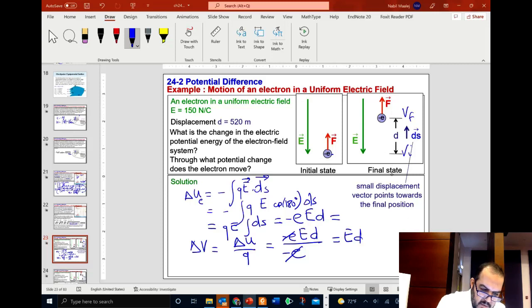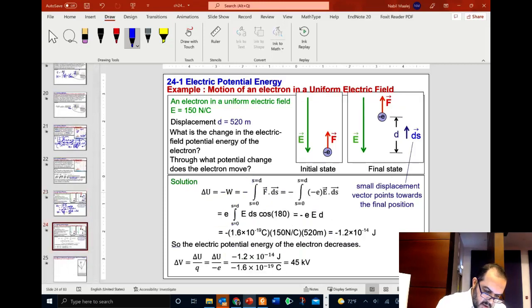Let's see, did I make a mistake? Delta U, so Ed, V initial to V final. Yes, so let me check. Yeah, okay, so here the delta U is minus e, the charge of the electron, times capital E times d.